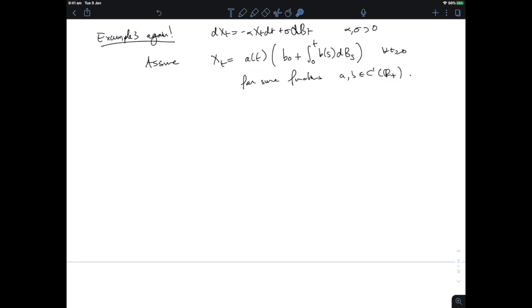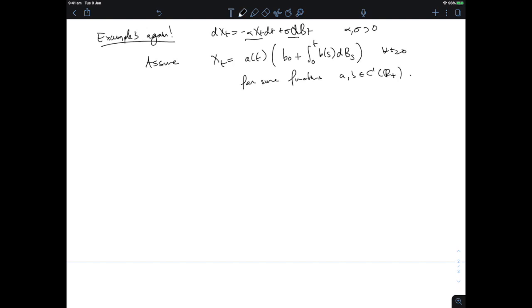Maybe that is serious wishful thinking and we should have processes here, and then finding such a process will be a much more difficult task. But what we're going to see here is that we're lucky enough that the coefficients here and there are so simple that we will be able to find a solution of that form with a and b being deterministic.